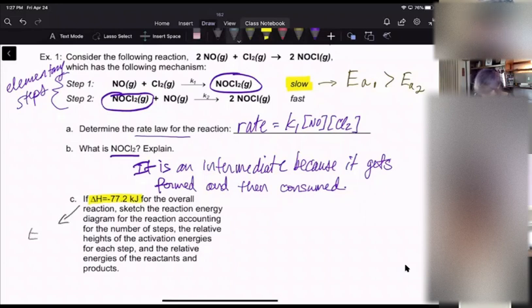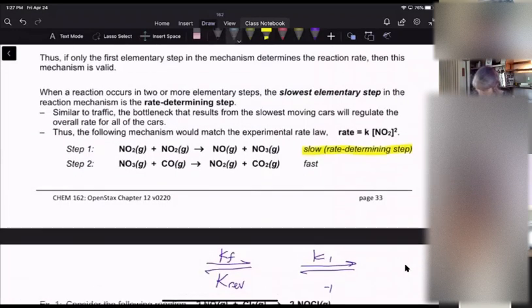Wait, Dr. Gibbons, for the rate law, wouldn't the NO be squared? If it only depends on step one, then we only have 1 mole of NO in that case. That's right. So the one that was squared was this reaction where we had these 2. And we've got the squared there, but we're looking at a different reaction.